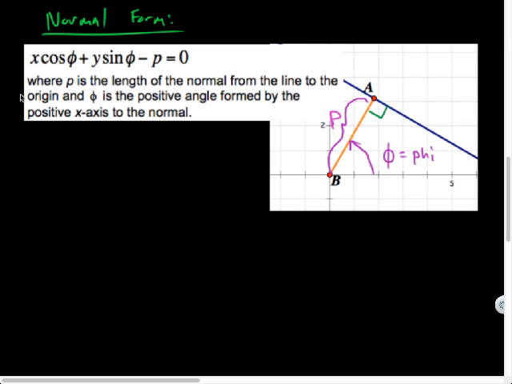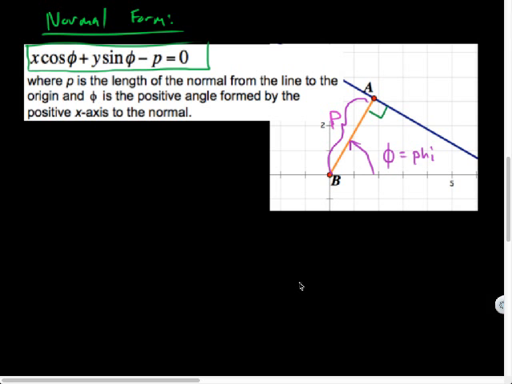And you don't have to write down this whole wordy description down there, but you could say that p is the length from the origin to the line, specifically the normal one, and phi is the angle between.